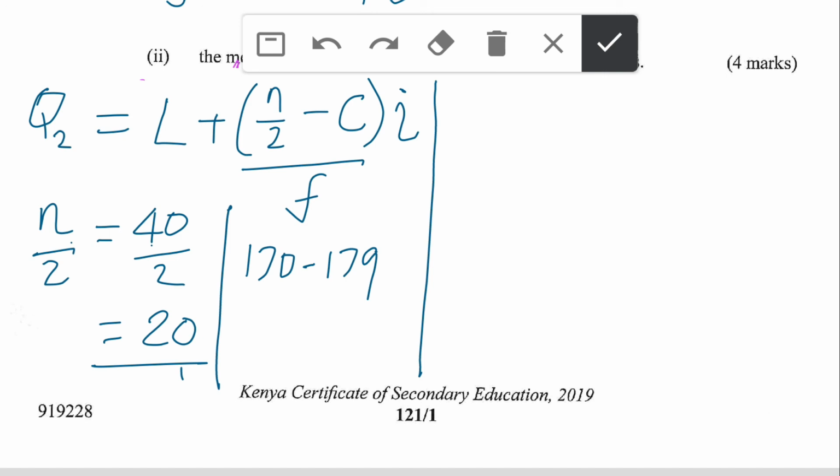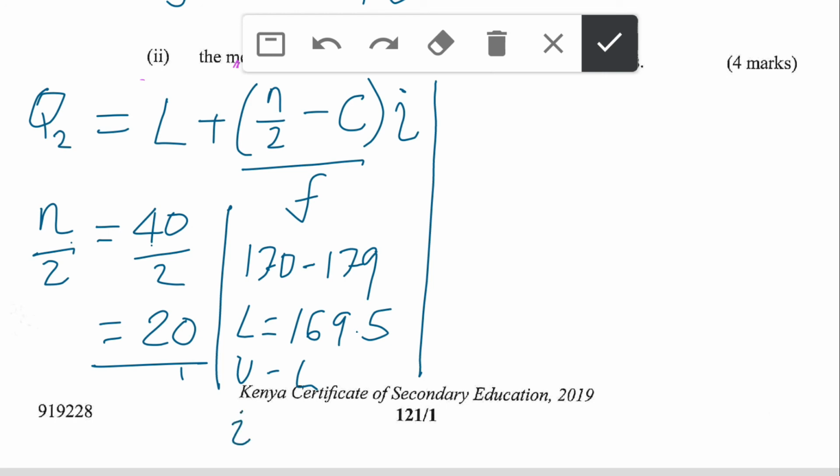One, the lower class limit will be 170 minus 0.5. So L is 169.5. Then the class interval will be the upper class limit minus the lower class limit. So the upper class limit in this case is 179.5, and the lower class limit is 169.5.